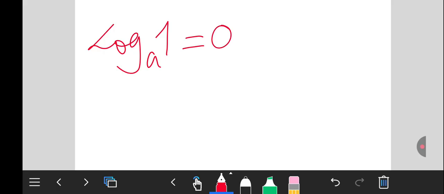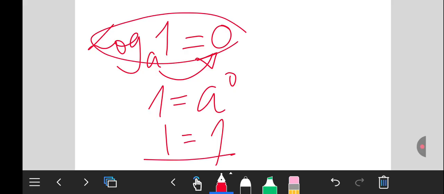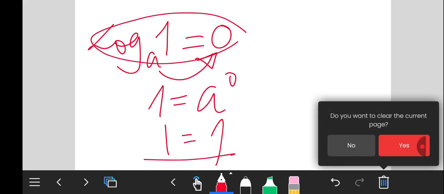Why is it so? Because if you change this logarithmic equation into an exponential form, it will be 1 is equal to a to the power 0. A number raised to the power 0 is equal to 1. So 1 is equal to 1. So you must know this law.